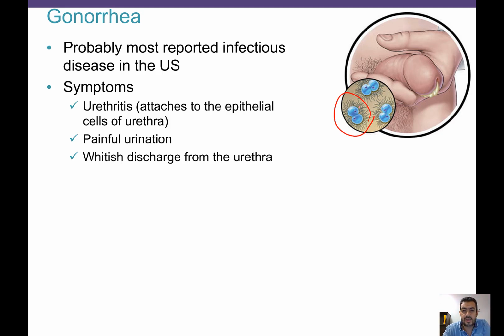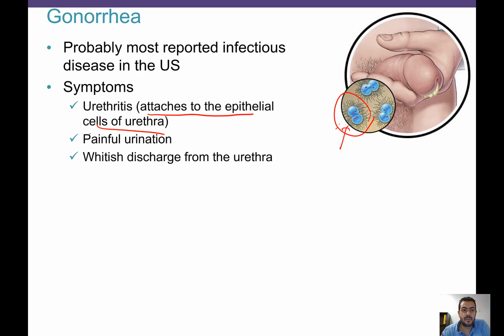Because of these fimbriae around them, they attach to the epithelial cells strongly, and that's why they are not flushed away from the urethra. Remember, we said the flushing activity is one of the mechanisms preventing bacterial infection. So why is Neisseria gonorrhea not flushed away? Because they attach firmly to the epithelial cells, helped by these fimbriae.